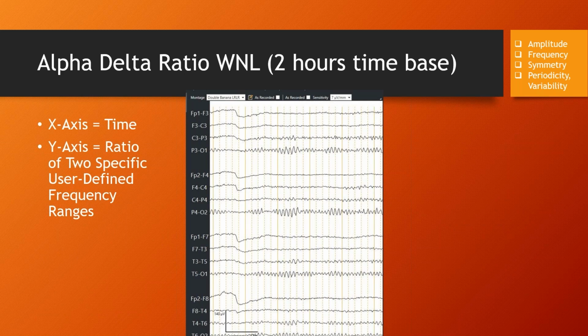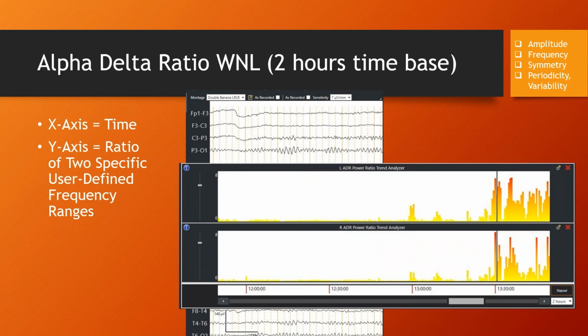And here's alpha delta ratio, again, with our normal patient. And this tells us we've got a 2-hour window here. You can see that early in the record, the alpha delta ratio is extremely low. And as we get later into the record, the alpha delta ratio is extremely high. So what can you determine from this?